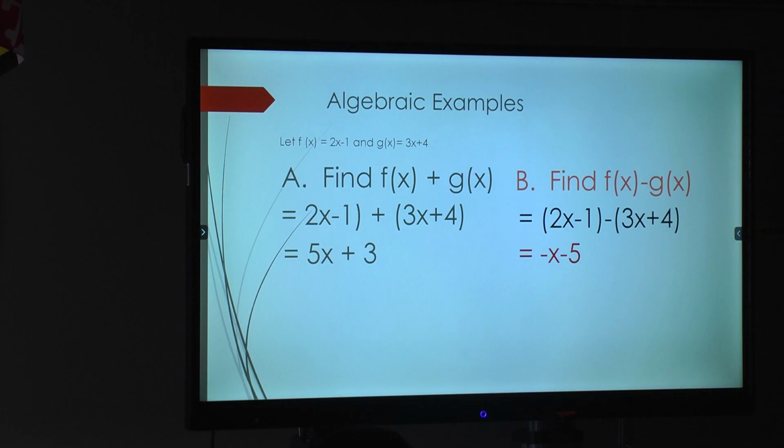So that makes it a -3x and a -4. I can combine those. 2x minus 3x is -x. -1 plus -4 gets us -5.